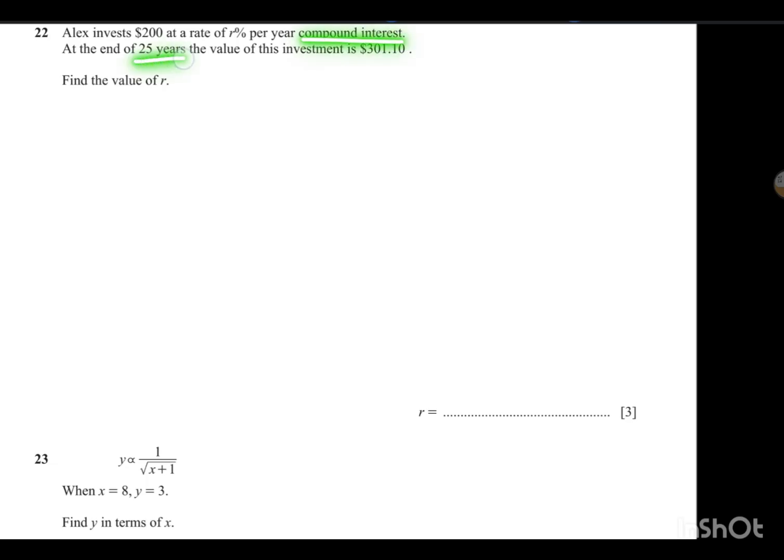It is for 25 years. And at the end of the 25 years, the value is $301.10. Just use the compound interest formula here. So it is 200 into 1 plus R by 100 whole raised to 25 is equal to $301.10.